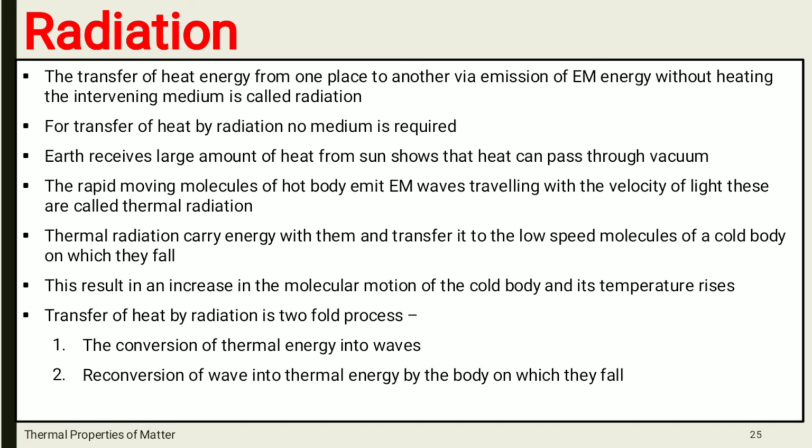The rapid moving molecules of a hot body emit EM waves traveling with the velocity of light. This is called thermal radiation. You can consider that the sun emits electromagnetic waves.